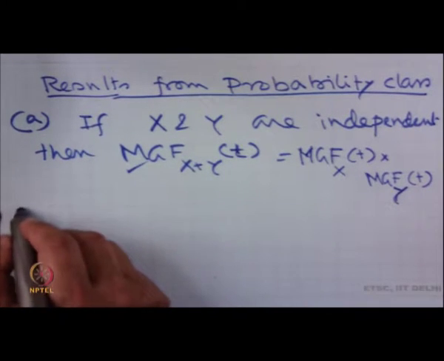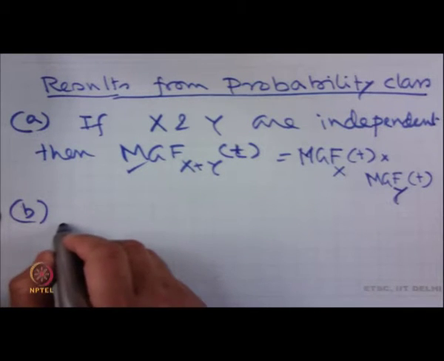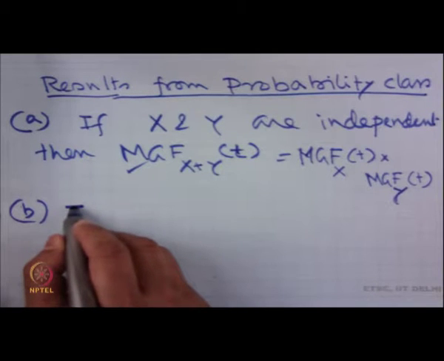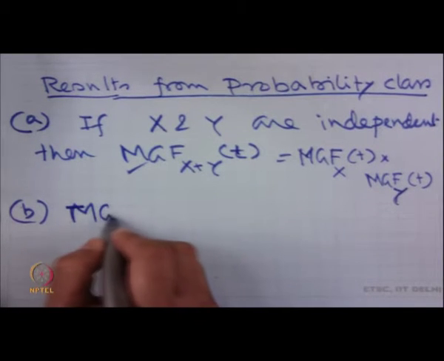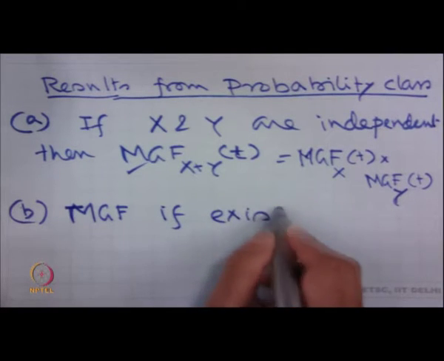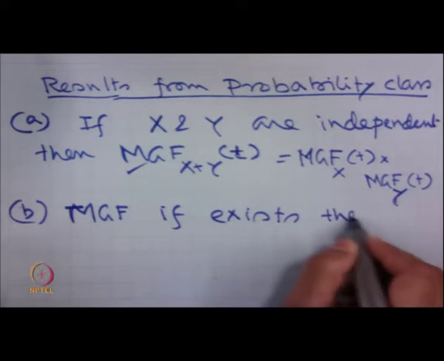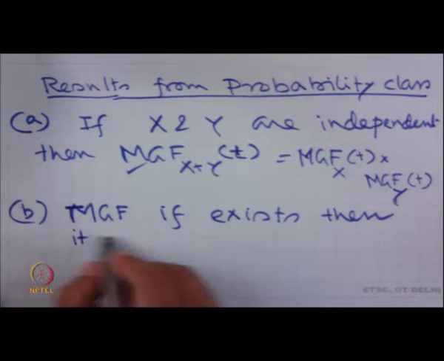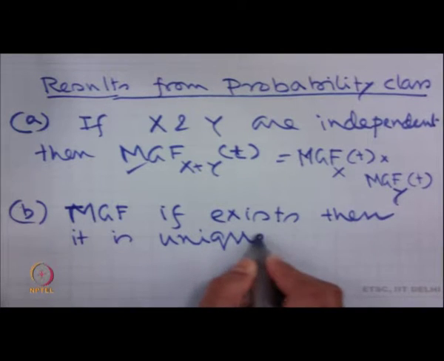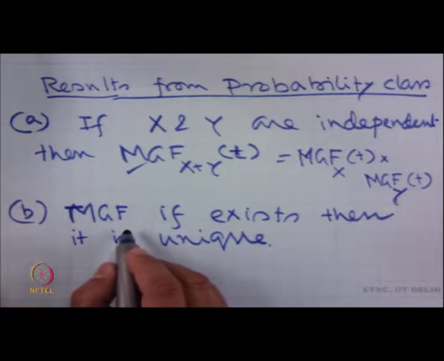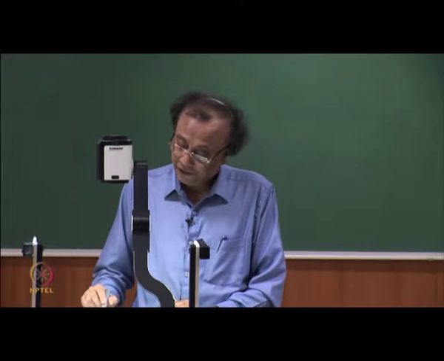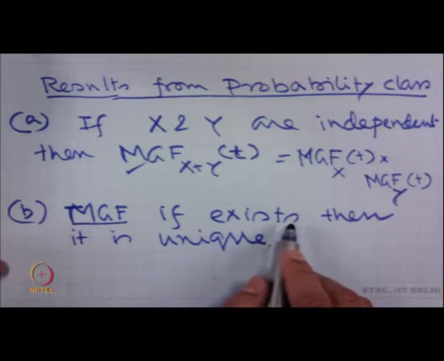And the second result is that moment generating function, if it exists, then it is unique. There are distributions for which moment generating function may not exist, but if it exists, then it is unique.